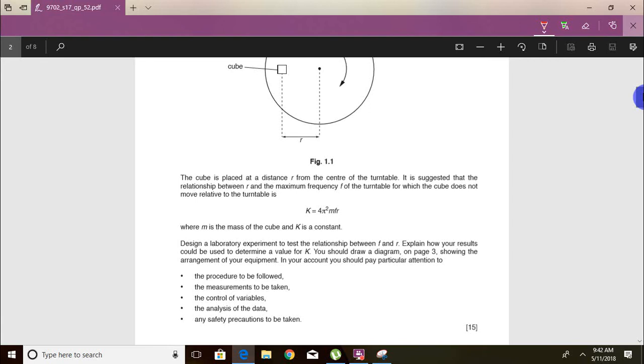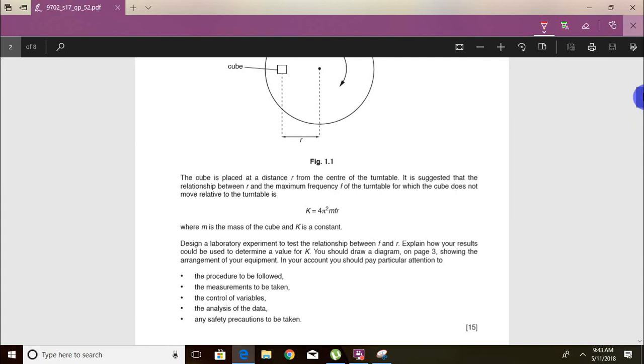The mass of the cube needs to be the same in each separate experiment with a different value for R. The part of the cube in relation to which the distance from the center of the turntable is measured should be standardized.